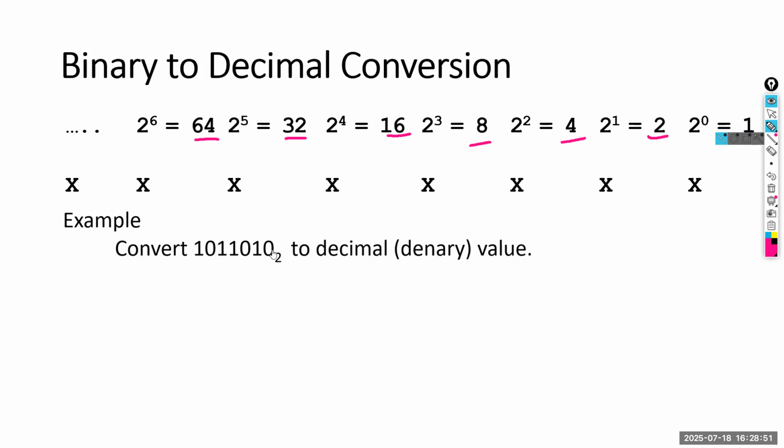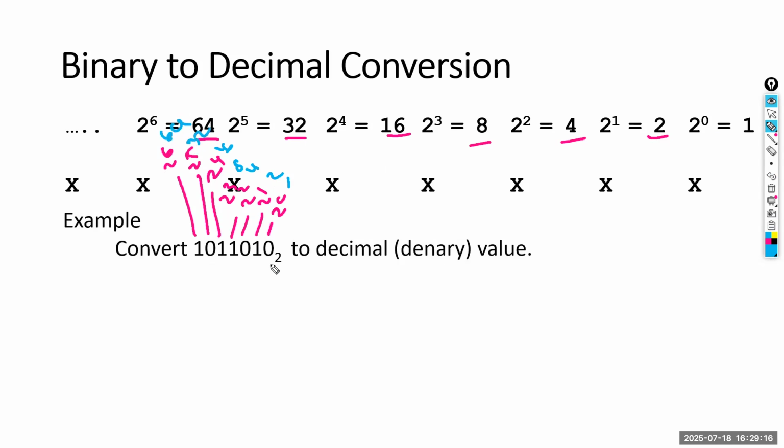The rightmost is 2 to the power 0, then 2 to the power 1, 2 to the power 2, 2 to the power 3, 2 to the power 4, 2 to the power 5, 2 to the power 6. In other words, these are ones, twos, fours, 8, 16, 32, 64. So I have no ones, but one two. So therefore it is 2. No fours, but an 8. And there's a 16.